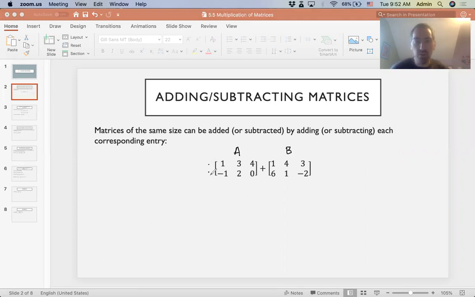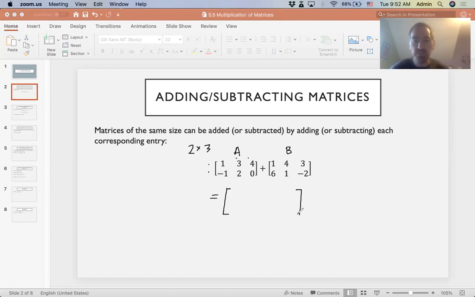We have 1, 2 rows. So this would be a 2 by the number of columns, 1, 2, 3. This would be a 2 by 3. And of course, matrix B also has 2 rows and 3 columns. So both of these are 2 by 3 matrices, and you must have the same size matrix before you can add or subtract them. So since we have the same size matrix in this case, we can proceed with adding these together.